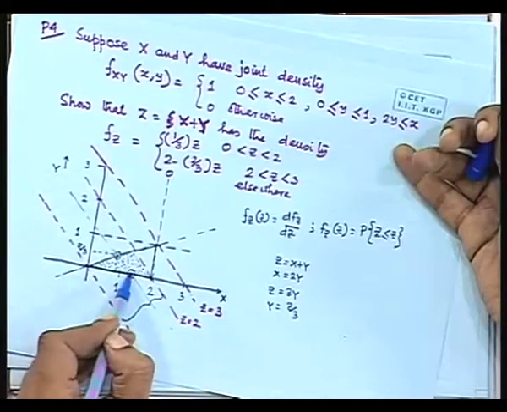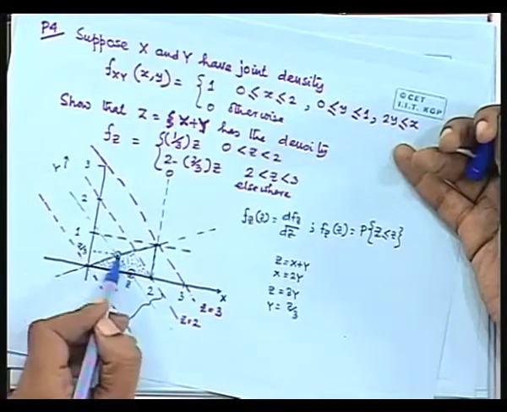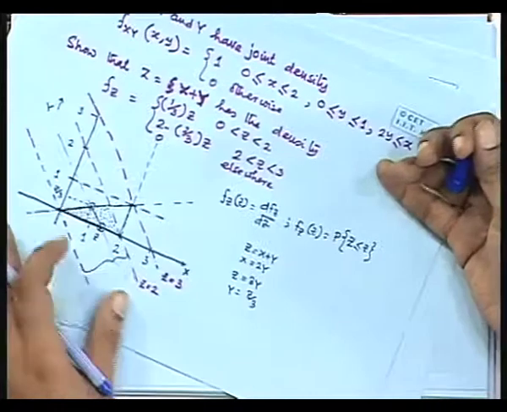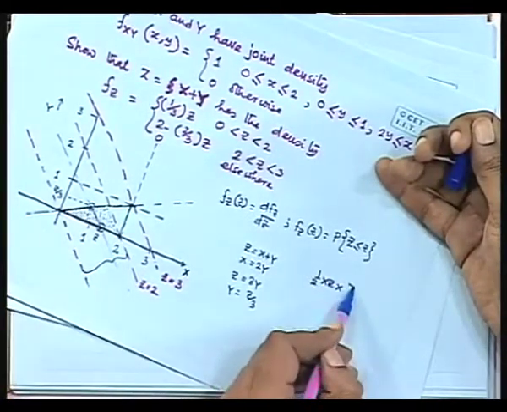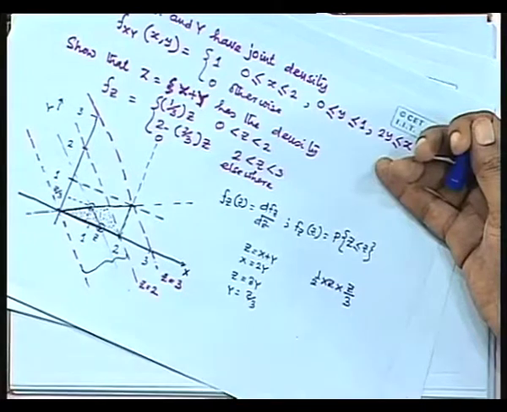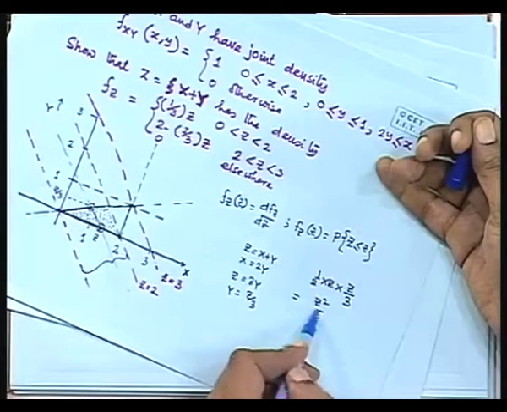So then what is the area of this triangle? It is half into z by 3, which is equal to z square by 6.